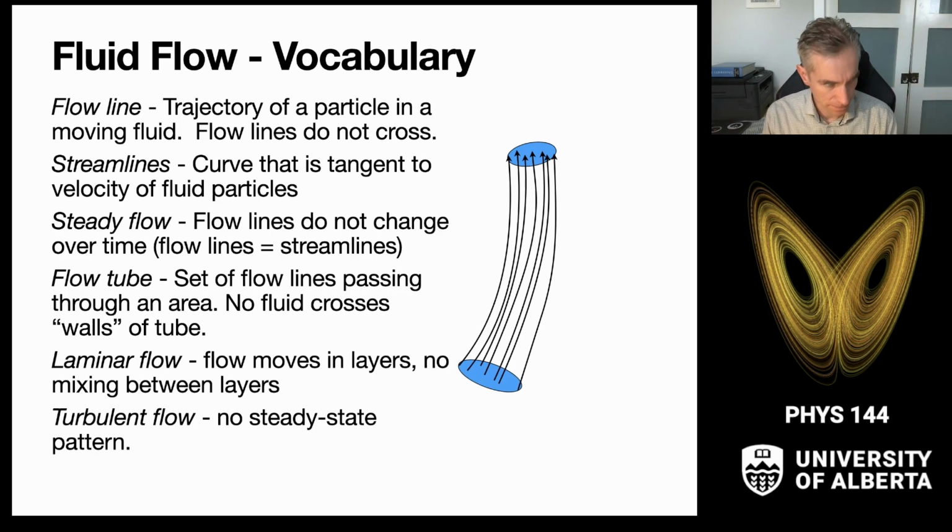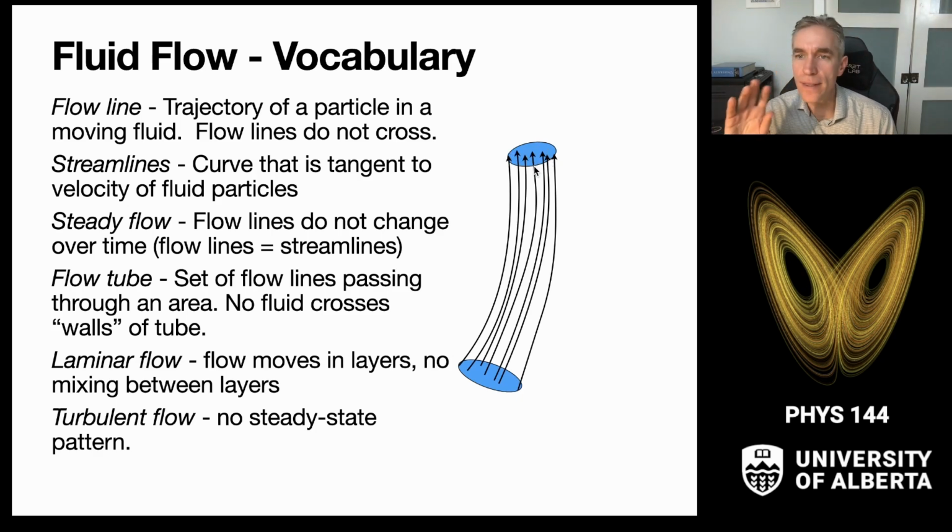If we think about two areas here, we can imagine all of the flow lines that go through one area, where the area that they end up in later on is bounded by some surface. The flow lines pass through one area, and then the ensemble of them passes through a later area.